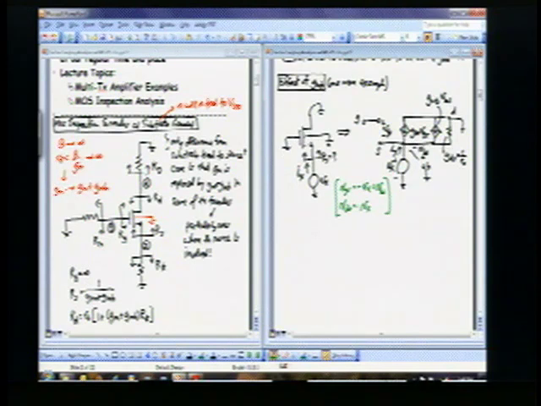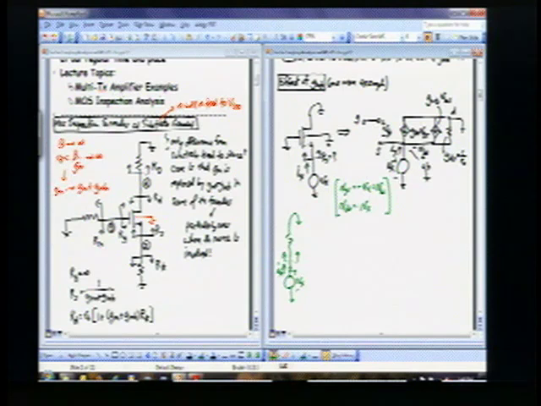And I can very quickly write out an expression for what this represents. Since I have only Vx across each of these current sources, this current source becomes GM times minus Vx. This current source becomes GMB times minus Vx. All of this stuff up here is really just equivalent to a single resistor going to ground that I'm driving from the bottom and looking up this way. So here's my Vx, and there's my Ix pushing into that.